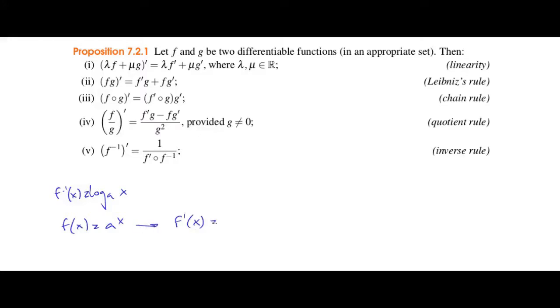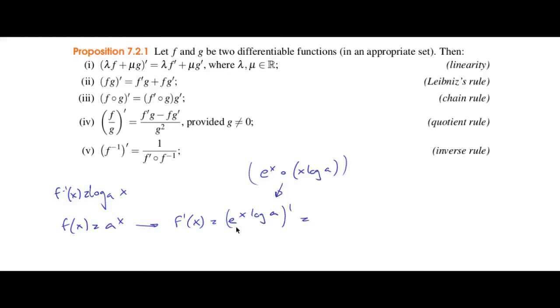As usual, we can write it as e to the x logarithm of a, and now we take the derivative using the chain rule. This is e to the x composed with x logarithm of a.